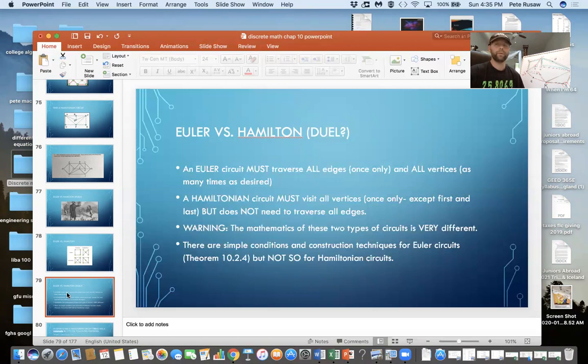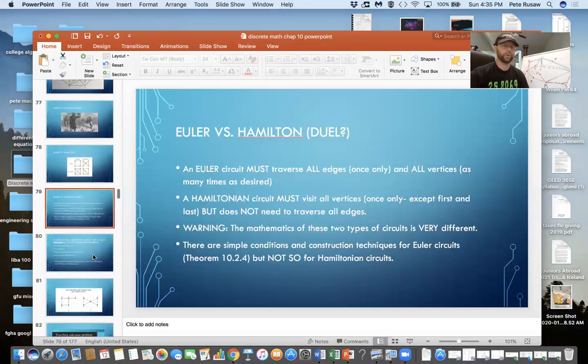But with Hamilton, at best, it's educated guesses and trial and error. And if you can find an algorithm that will find a Hamilton circuit, especially an efficient, optimal one on a weighted graph, then you can probably get your honorary PhD and make a lot of money, but no one has done that yet. So we are relegated to computer programs and trying lots of options, educated guesses, so we don't have to try all of the options, but wish that there was a better way of doing things.